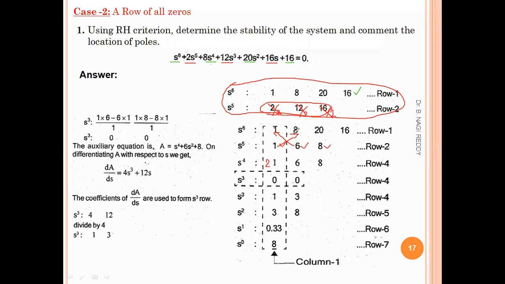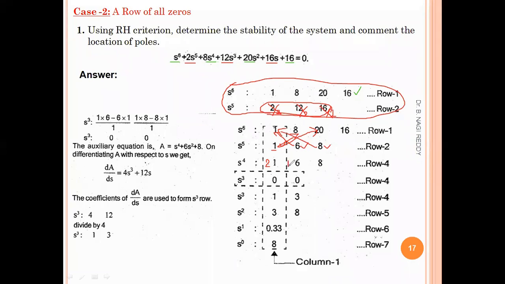So 1 into 8 minus 6 into 1, by 1: 8 minus 6 is 2, as the first coefficient. For the second coefficient, 1 into 20 minus 8 into 1, by 1. So 20 minus 8 means 12.